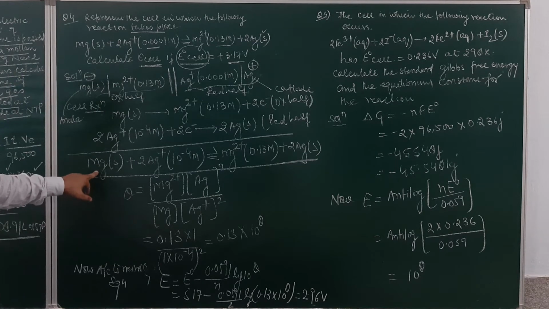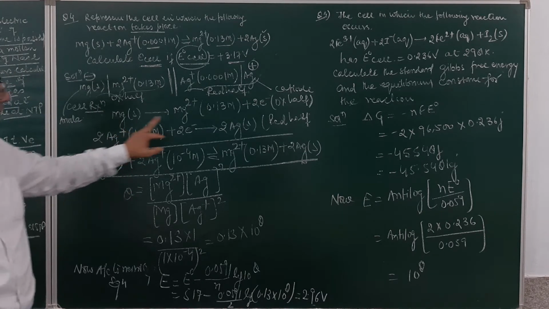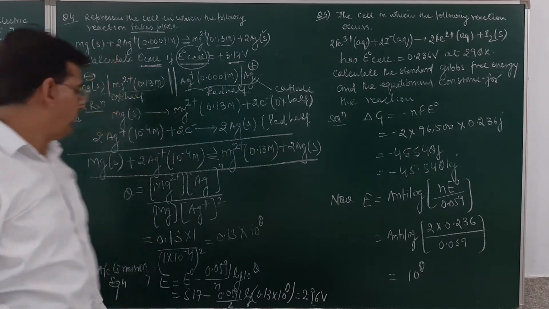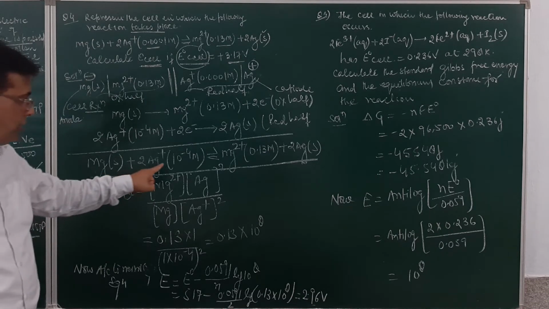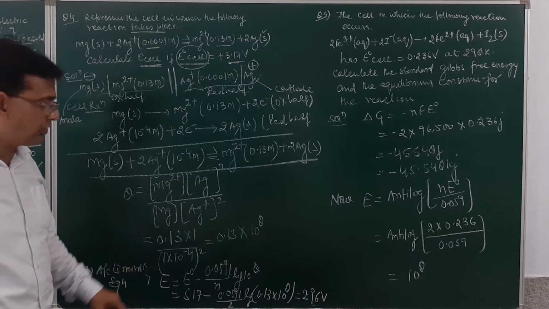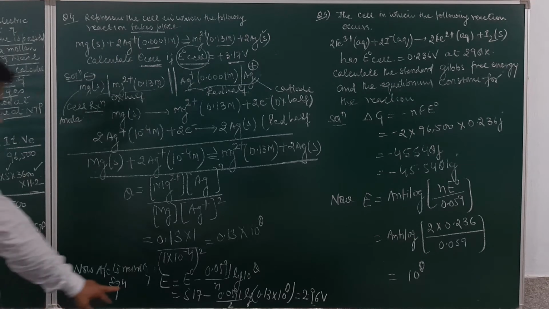Magnesium undergoes oxidation to form magnesium ion, silver ion undergoes reduction to form silver. Now the question is, you have to find out the EMF of the cell. I have already told you, when the concentration of ions is given in the cell, then to find out the EMF of the cell, the Nernst equation is to be used. And what is the Nernst equation?